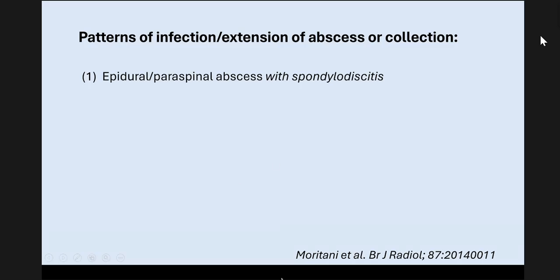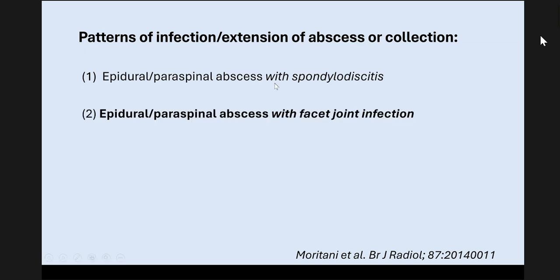Okay. So when you think of spinal infection, it's not always just discitis or spondylodiscitis. Yeah, spondylodiscitis is the typical presentation, which you come across day in and day out, resulting in epidural and paraspinal abscesses. But the epidural and paraspinal abscesses may be purely due to facet joint infection.